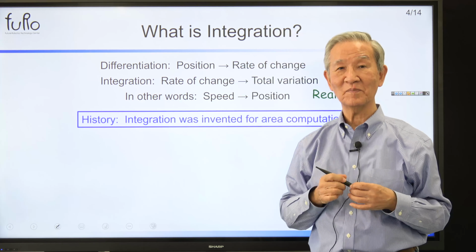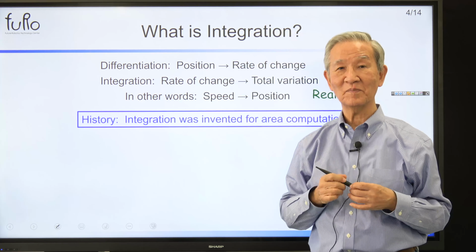So computing the land area was a very important job for the government. Integration was actually developed for that particular purpose. So let's take a look at integration as area computation, and after that, I will show you how to answer this question.